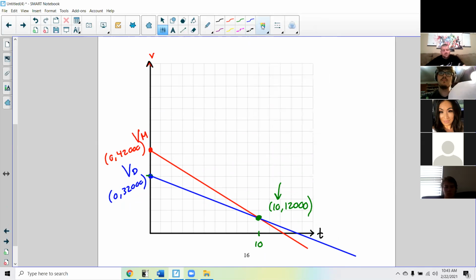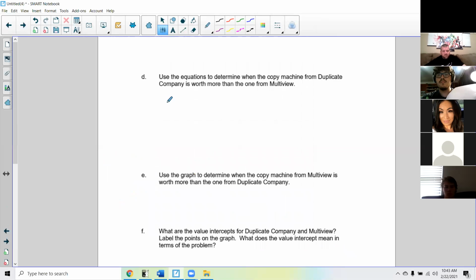So the answer to this question is either going to be before 10 years or after 10 years. But when is Duplicate more? The blue line is higher after they intersect. The blue line is higher after 10 years. So you can just straight up say, okay, they're equal at 10. The blue line, Duplicate, is worth more after 10 years.